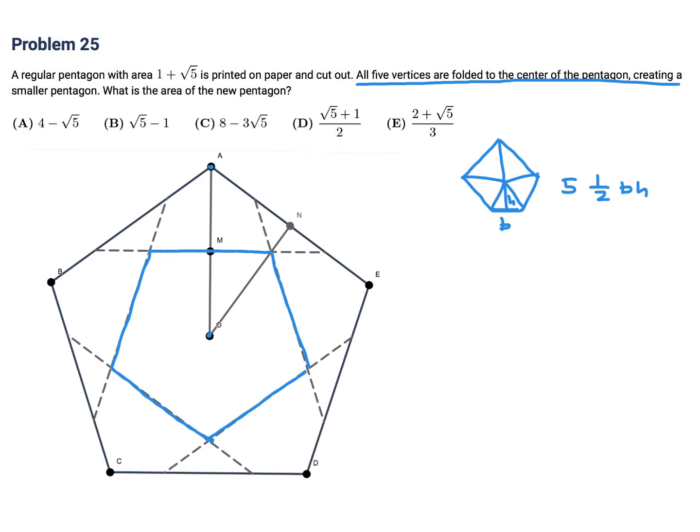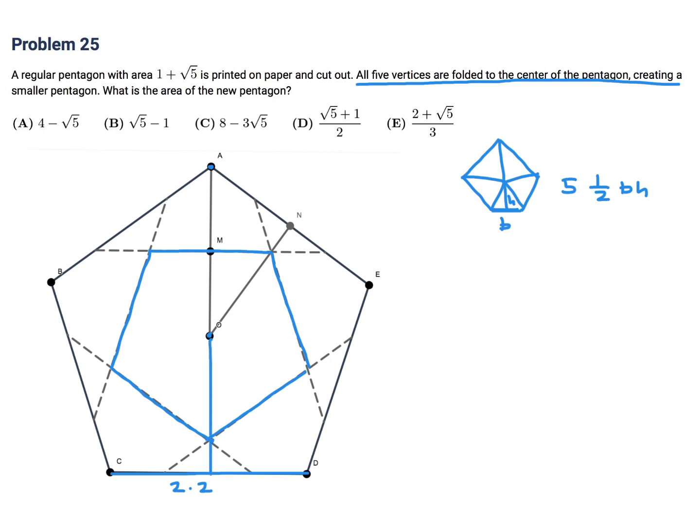So the first thing I did was I measured on the big guy the base and the height. From here to here, I measured the base, and it was about 2.2 on my ruler. And then I measured the height, meaning the height that would go from one of the triangles, from there to there.